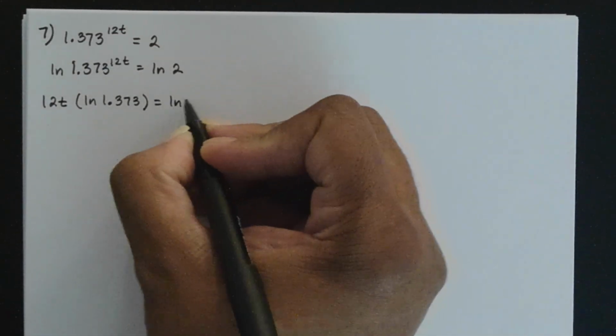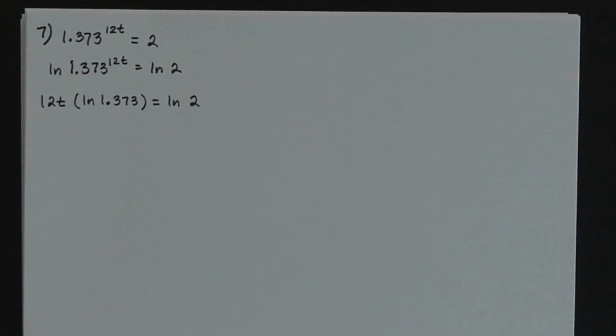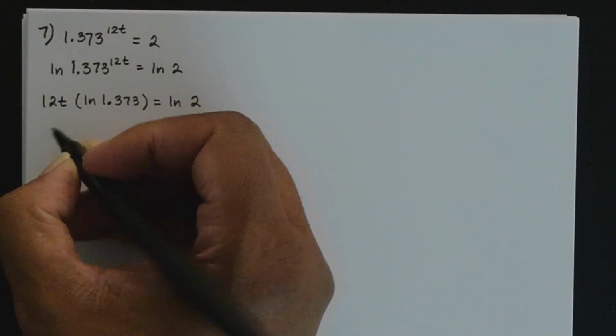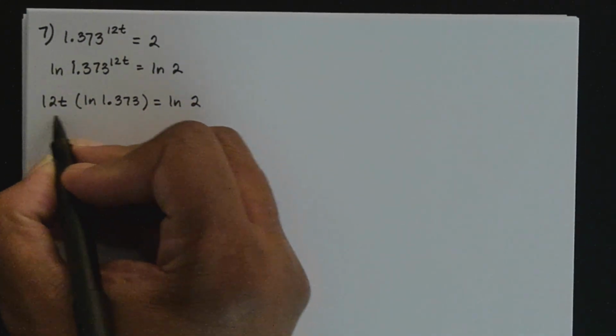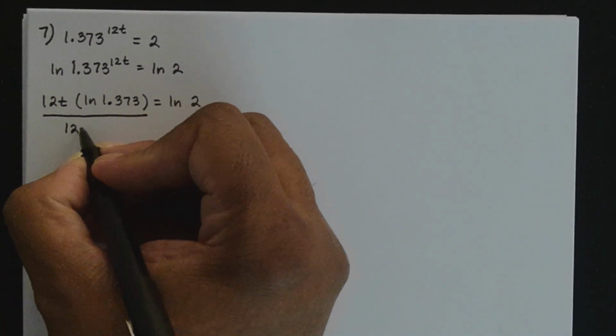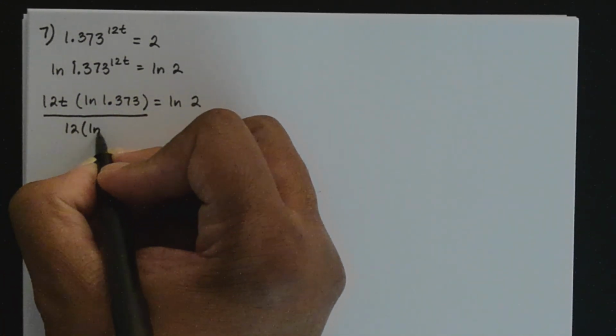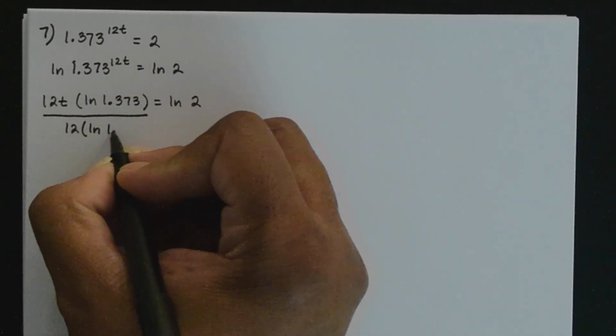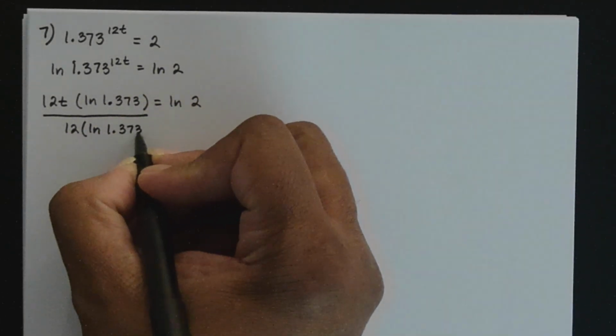And that's equal to the natural log of 2. And then the next step would be to get t by itself. And I'll do that by dividing both sides by 12 times the natural log of 1.373.